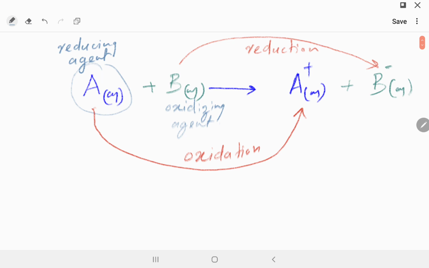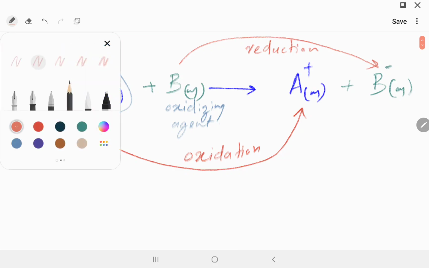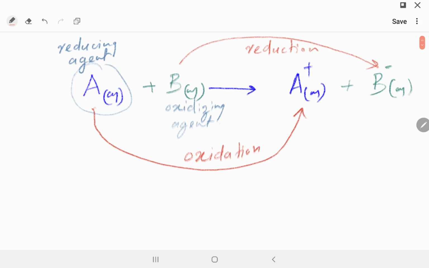So in this reaction, A is going through oxidation, and we call A the reducing agent because A is helping B to reduce. And B is going through reduction, and B is known as the oxidizing agent. Why? Because B is helping A to oxidize. And in this reaction, A is oxidized and B is reduced.